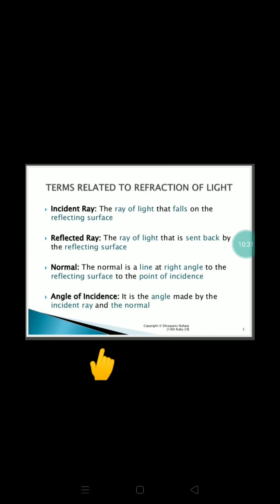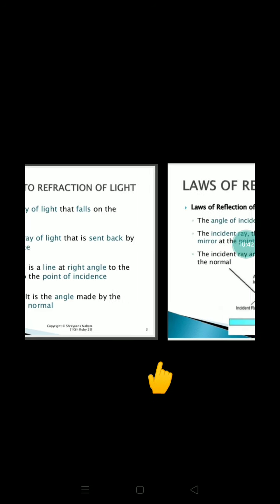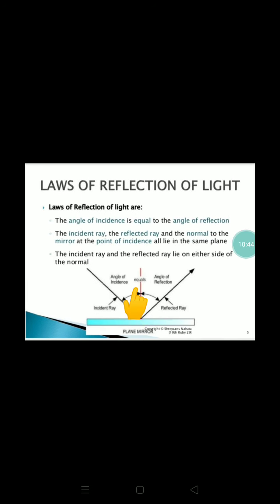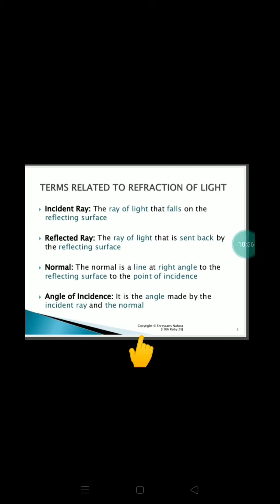And the next term is angle of incidence. What is the angle of incidence? Angle of incidence is the angle made by the incident ray and the normal. Look at the figure. This angle between the incident ray and the normal is called the incident angle or angle of incidence.